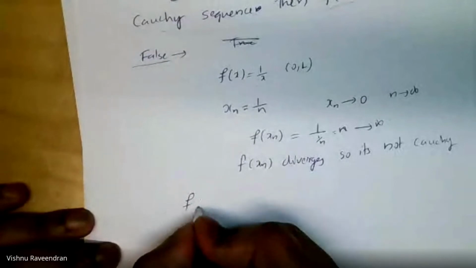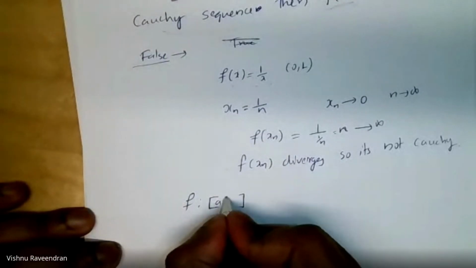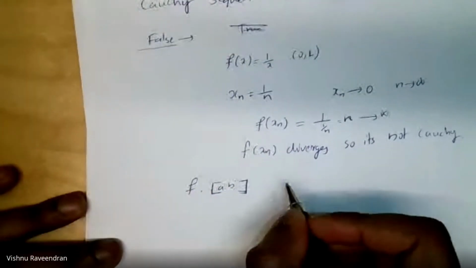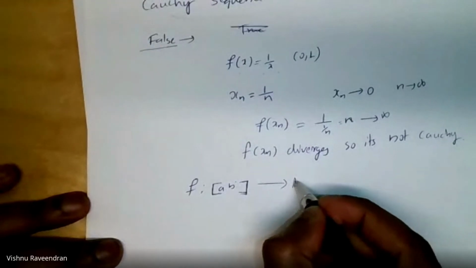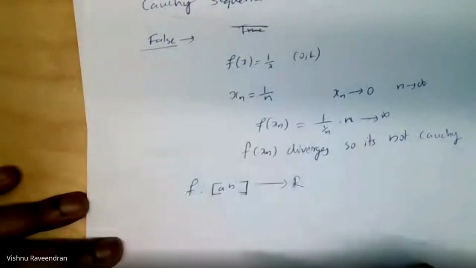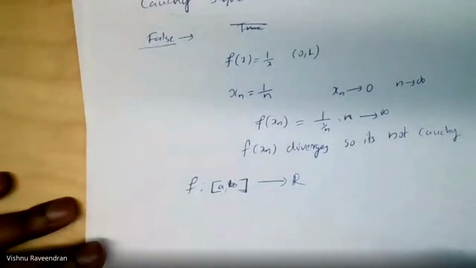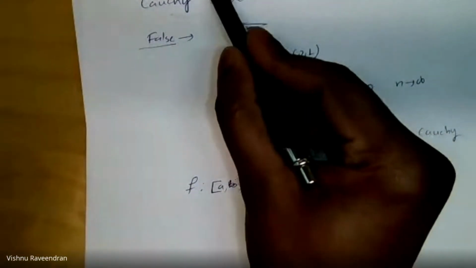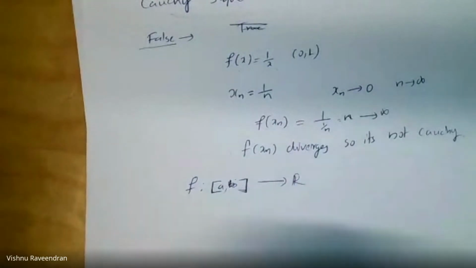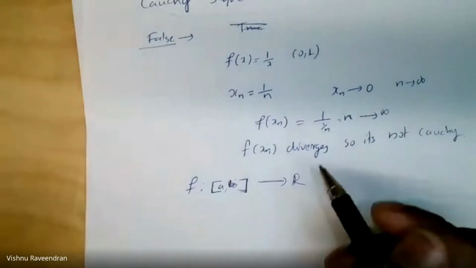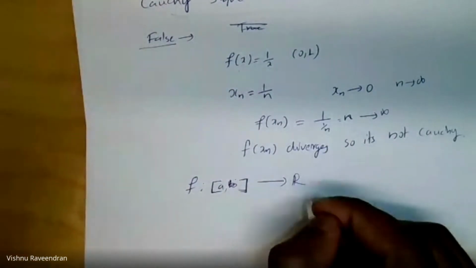If f is defined from a closed interval [a, b] to R, then the statement is true. If you take some open interval, then you can always find some counterexample, where f of xn is not Cauchy.